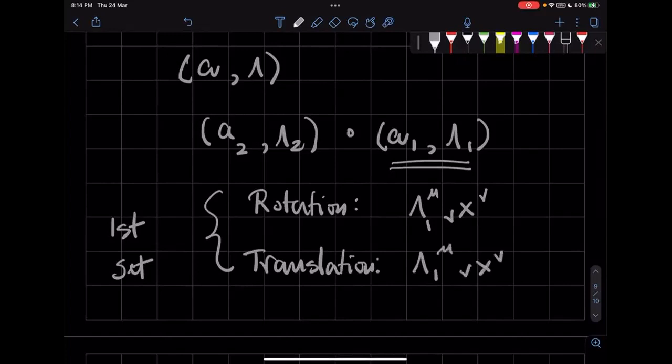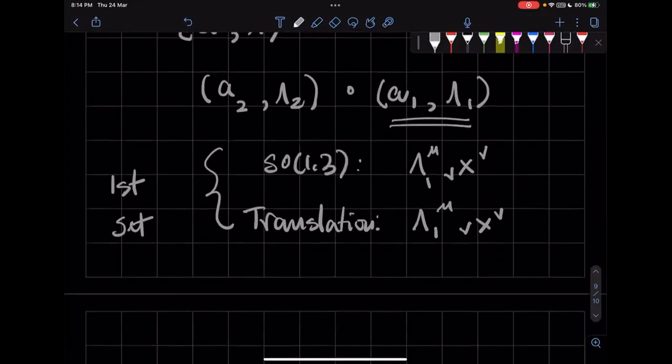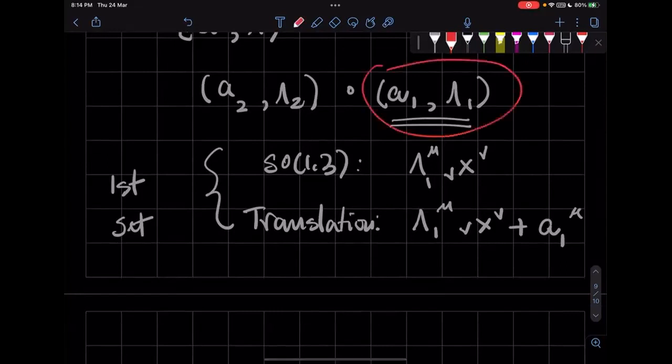Why did I say rotation? Let's not call it rotation. Sorry. SO1,3. And then we translate it by an amount. Okay, so this is the first set, this guy. And then we do the second set of transformation.